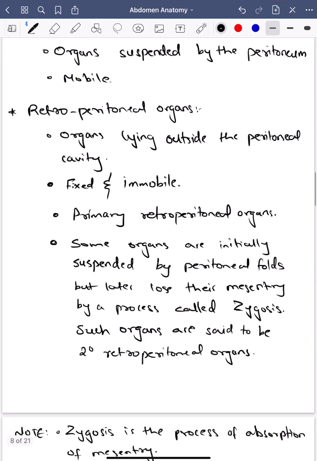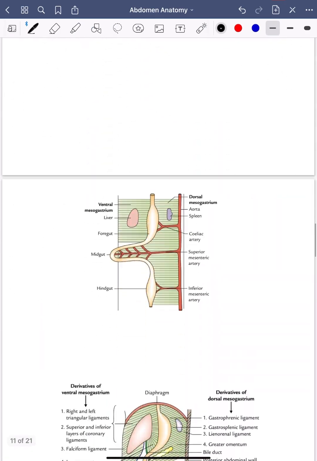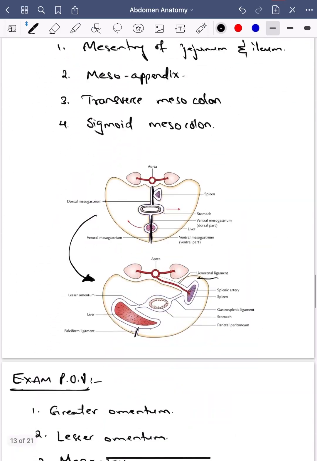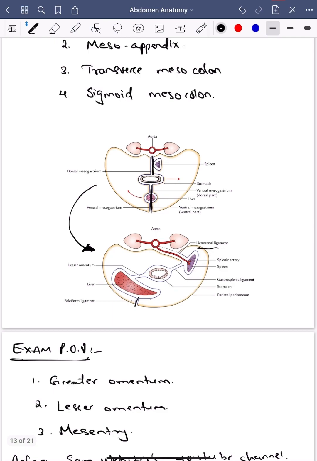So if I were to take this diagram here, you see the kidneys. This is the peritoneum, the one that I've just colored. You see this here is the kidney, and the kidney is not embedded within the peritoneum, and hence the kidney is an example of a retroperitoneal organ.